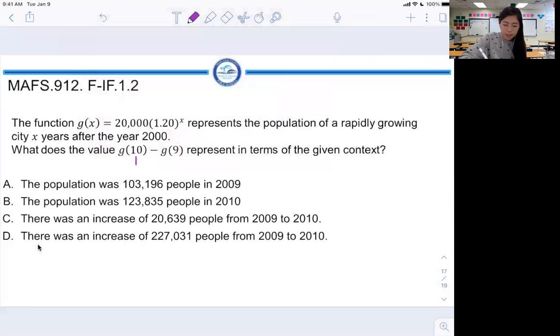Are these numbers the inputs or are they the outputs? Good, they're my input. Both of them are inputs. And they mean something. What does the input represent in this problem? The value of what?